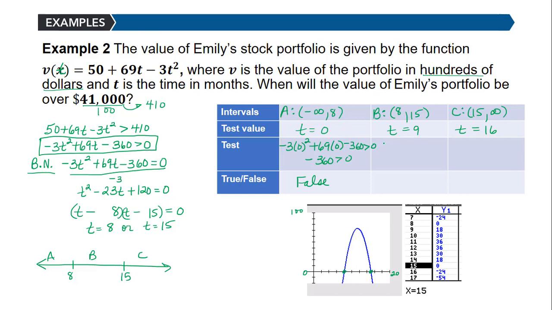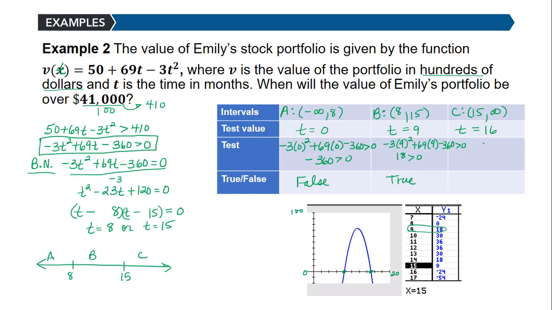Right, when we plug in 9, -3 times 9 squared plus 69 times 9 minus 360, is that greater than 0? Well, if we plug in 9, we'll get this output value of 18, which is greater than 0, so that is true.